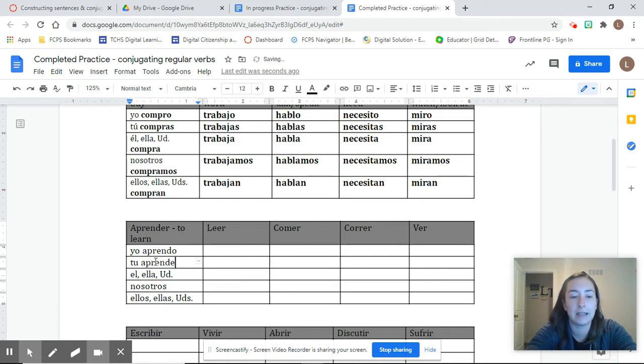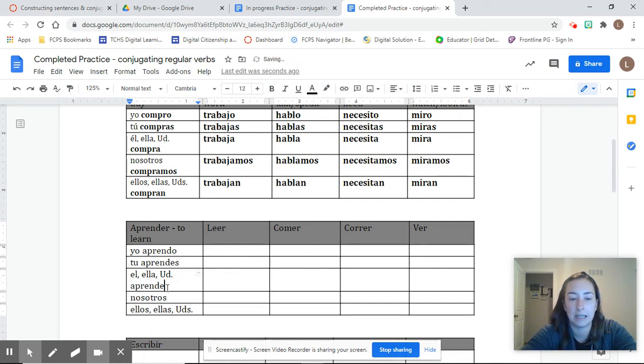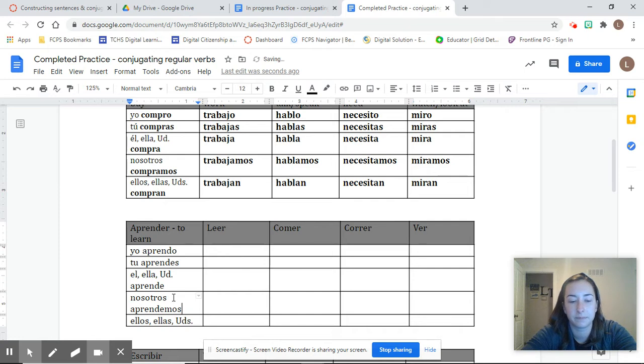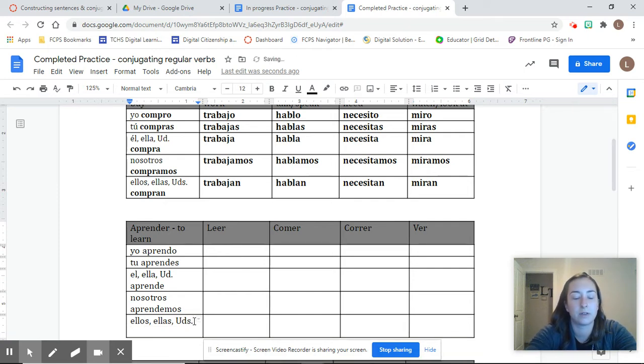Tú aprendes, ES. Él, ella, usted aprende, just an E instead of an A. Nosotros aprendemos. So emos instead of amos. Ellos, ellas, ustedes aprenden. So en instead of an.